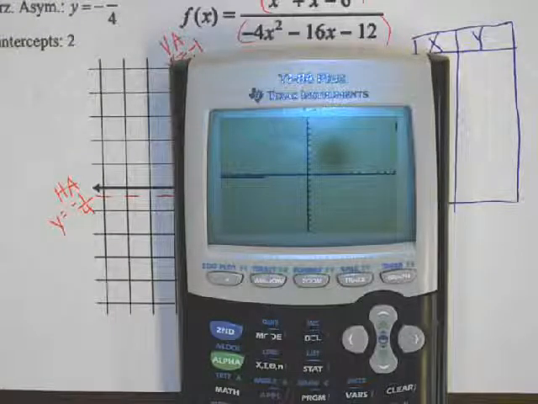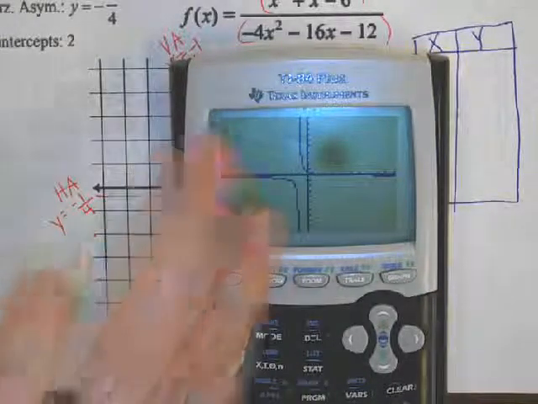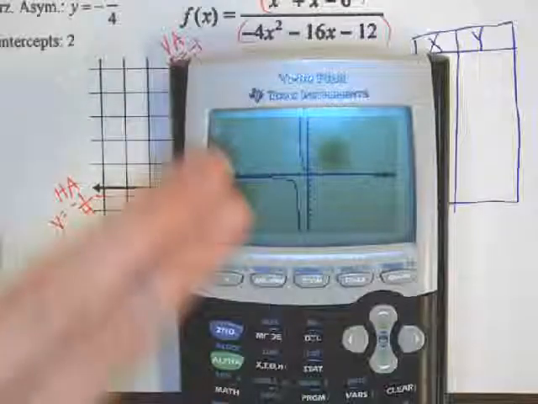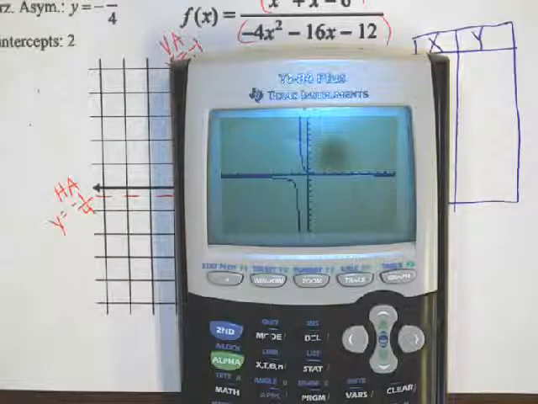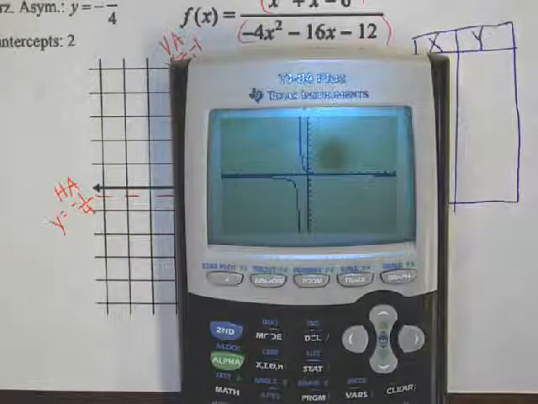Do our asymptotes look like they're in the correct spots based off of what this looks like? Yeah, it does, right? Okay, but we still know that this is going to be separated from each other. What is going to separate these sections? Which asymptote? The vertical. Because what do we say? Vertical means that they'll never cross it.